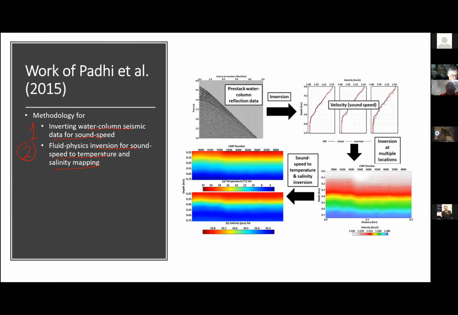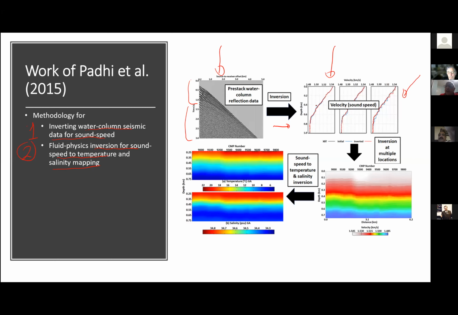So this is a prestack, again the same prestack data I showed you, but the previous one was only up to about 1 second, and here I'm showing it for a longer time window. Then you can do the inversion and it gives you a sound speed. I just copied this from Amit's paper.